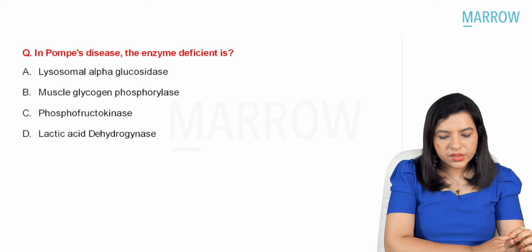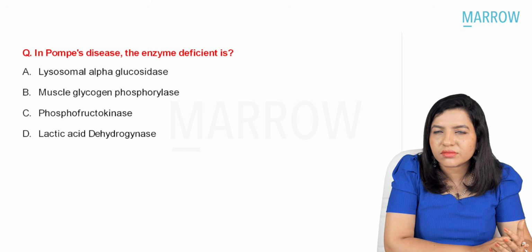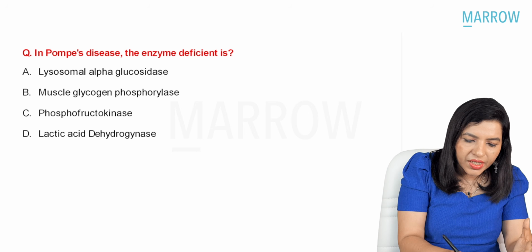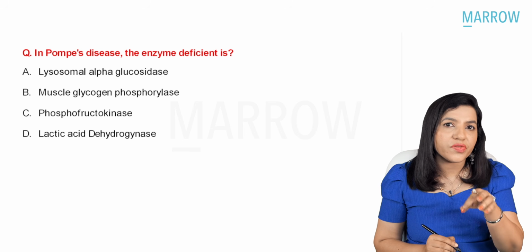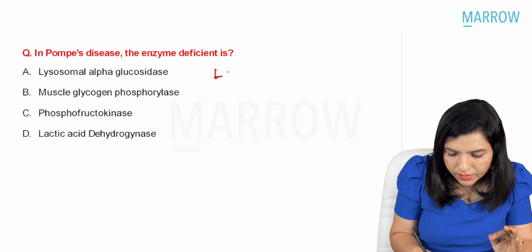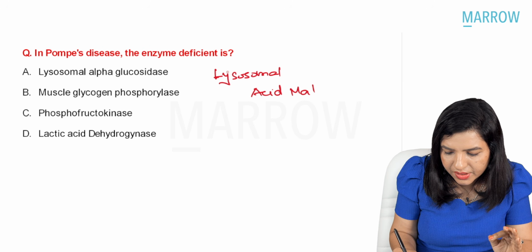The next question is, in Pompe's disease, the enzyme deficient is. It's a very common question. You all know the answer, but most of the time the problem comes as the name of the enzyme. What we usually know is lysosomal acid maltase.